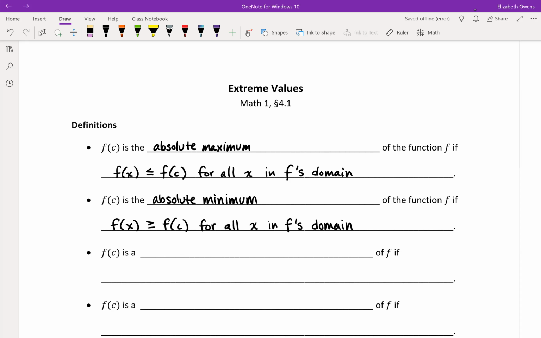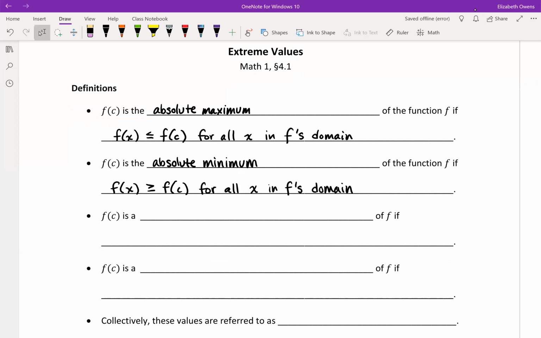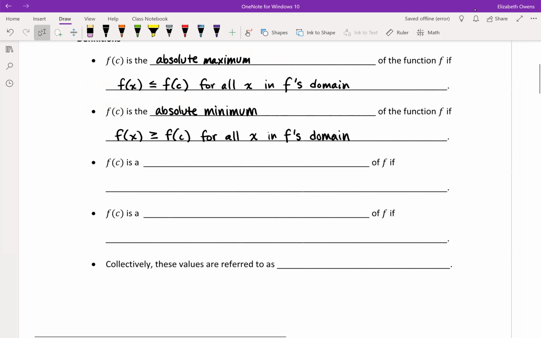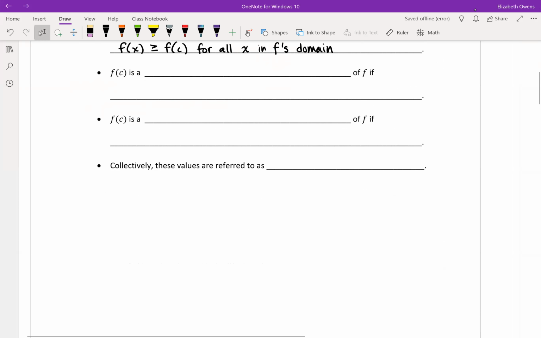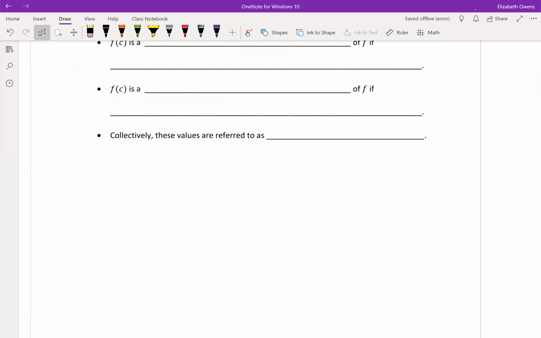So that's absolute maximum, absolute minimum. And then the next couple definitions do that type of thing, but on a smaller scale. So let's kind of look at what we're going to define next by using a picture here.